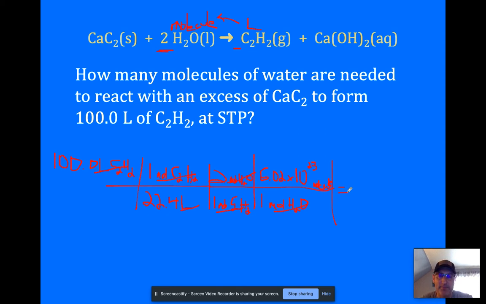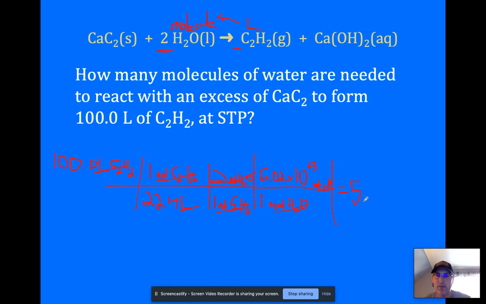Let's do the math. Okay, so 100 divided by 22.4 times 2, and then times 6.02. I have to turn my phone sideways. EE23, hit equal, and we get 5.375 times 10 to the 24th. So that's going to be it.